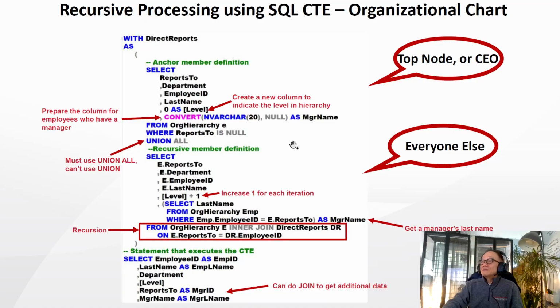Now, let's take a close look at each data set. In the first data set, we will have the CEO. We are getting data from org hierarchy. This is our base table. We have employee data in this table.